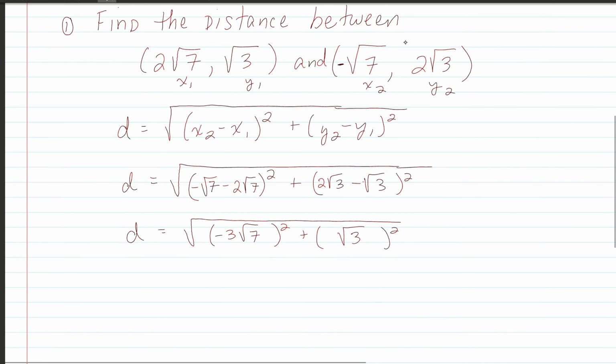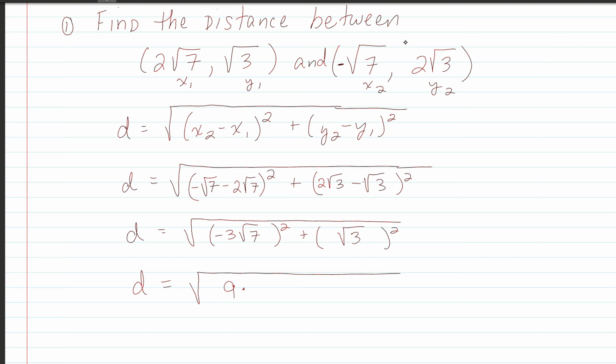So as we move down some, we go to the next step. The next step is to square each of these inside of the parentheses. So we're going to square negative 3 times the square root of 7. So for us, negative 3 to the second power is going to make 9. 9 times the square root of 7 to the second power.